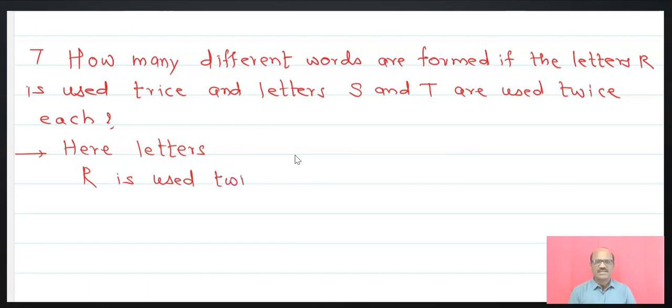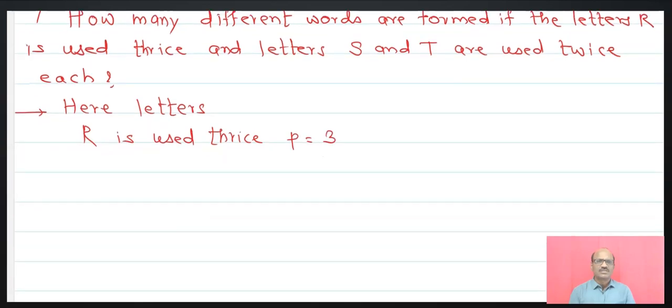That is, the problem is: how many different words are formed if the letters S and T are used twice, and R is used thrice? Now I'm changing it. Thrice. That is P is equal to 3.